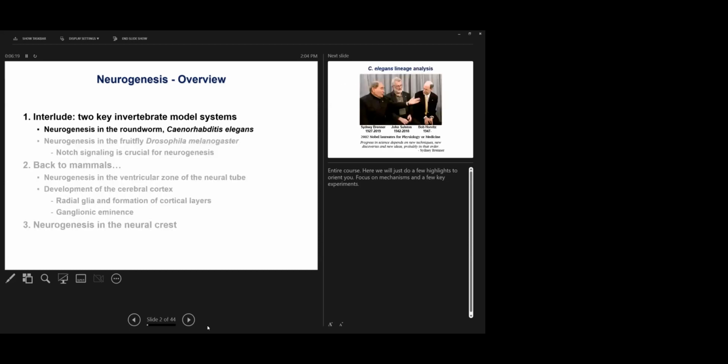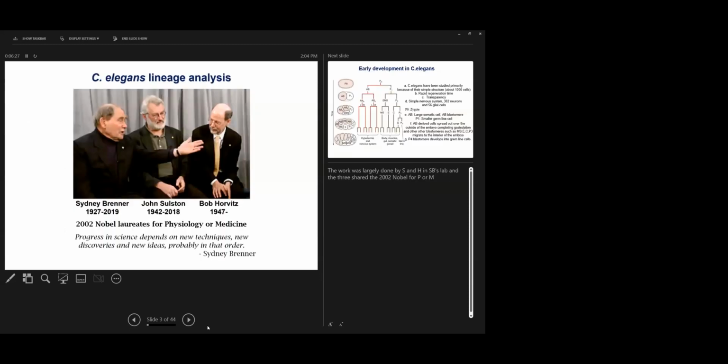So first we'll talk about how neurogenesis happens in the round worm, C. elegans. C. elegans was extensively studied. Mostly the lineage analysis was done by three famous scientists, Sydney Brenner, John, and Bob.